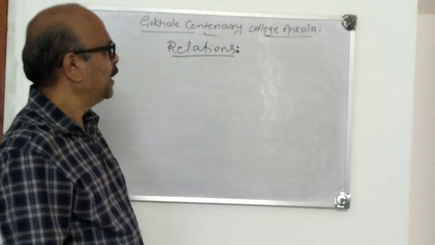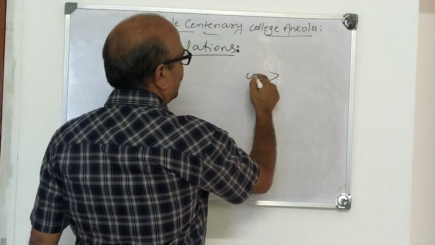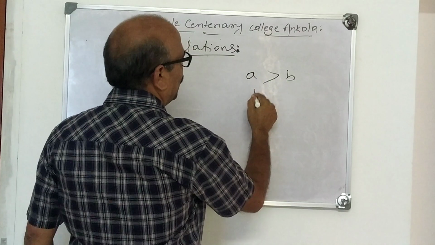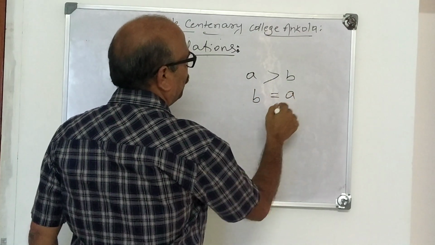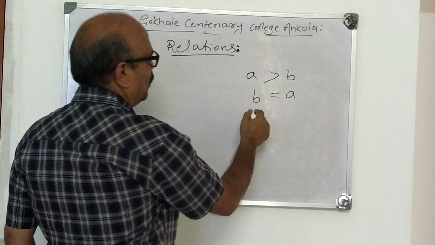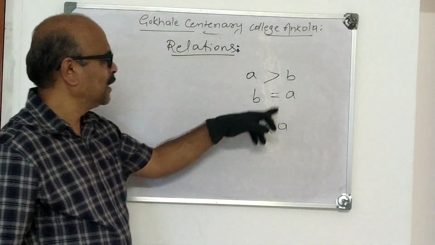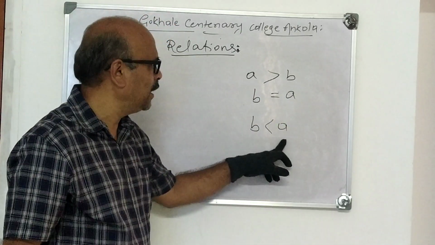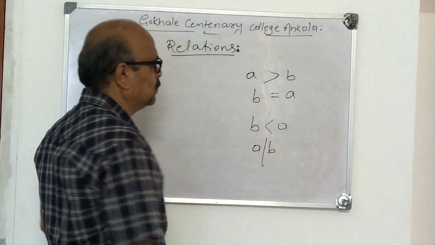For example, is greater than. A is greater than B, B is equal to A. These are relations. Or B is smaller than A. A is greater than B is the same as B is smaller than A. Or A divides B. You know this one.